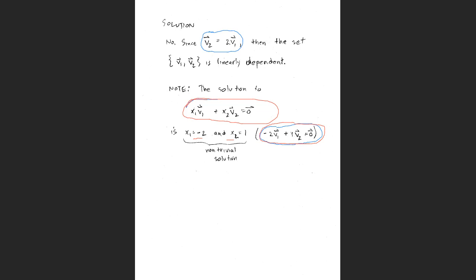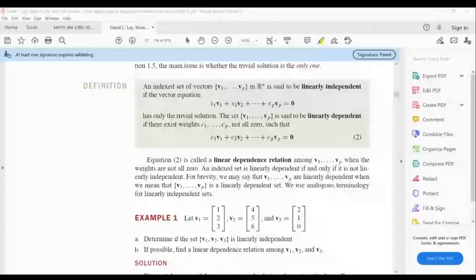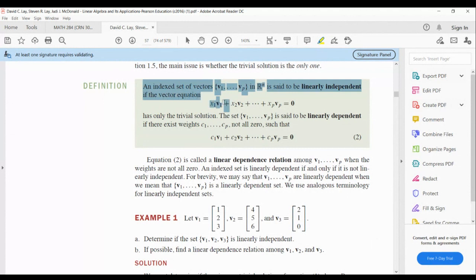So let me go to the book here. One moment, and bring this up. Okay, so this is section 1.7. These are the formal definitions of linear independence and linear dependence.